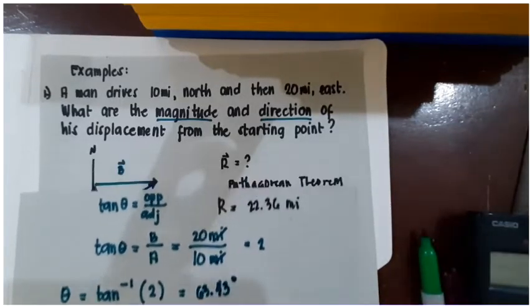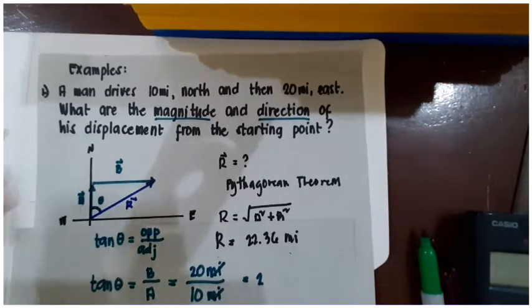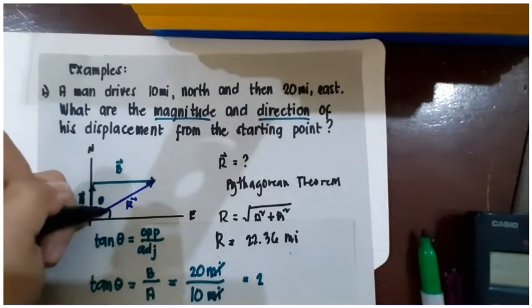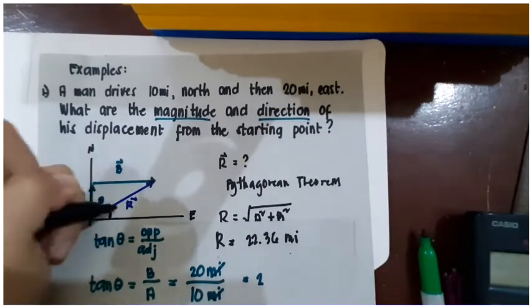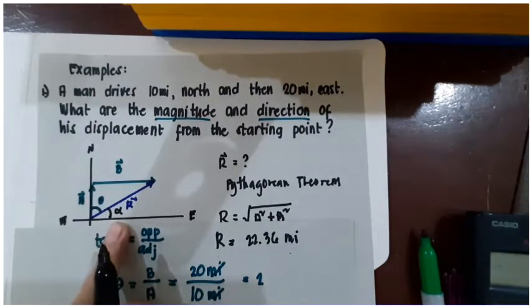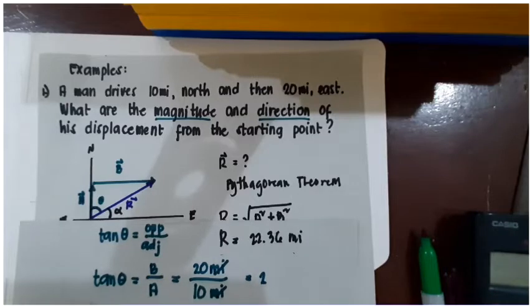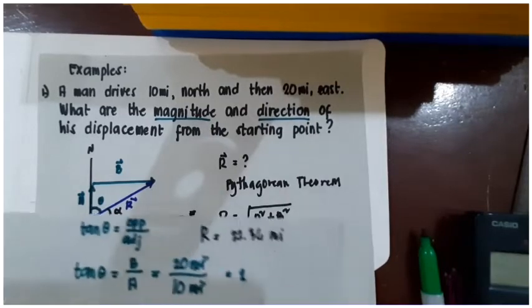Why? Because it should be with respect to our plane. Let's say this is your phi. So you just subtract 90 degrees minus 63.43 degrees.